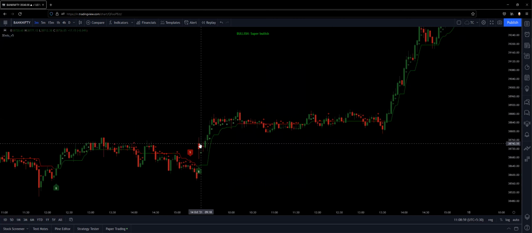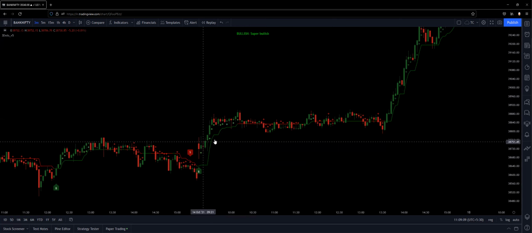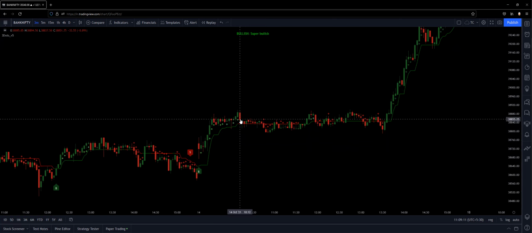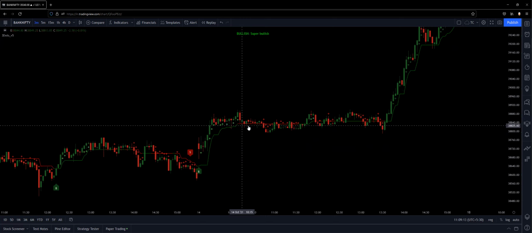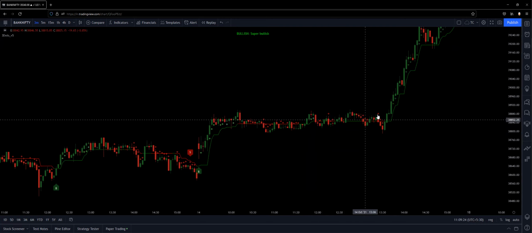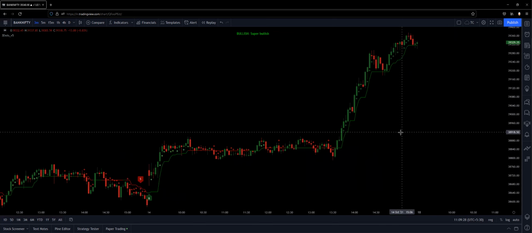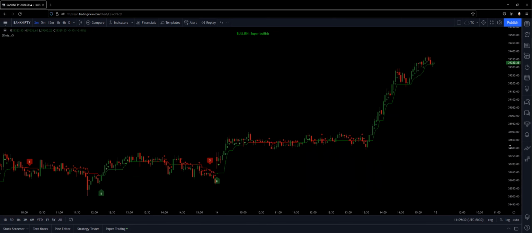So here is your entry, and until you get exits for this, closing below trend strength. The re-entries will be if there is a close above the trend strength line, again you can get in. You can play for your intraday trades, right?